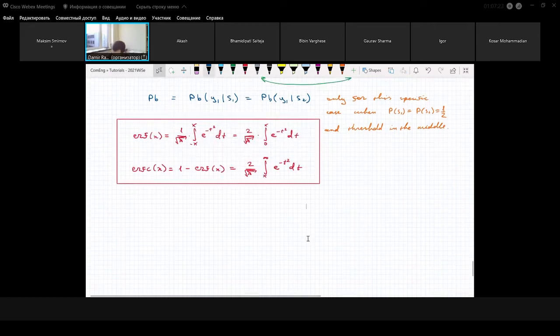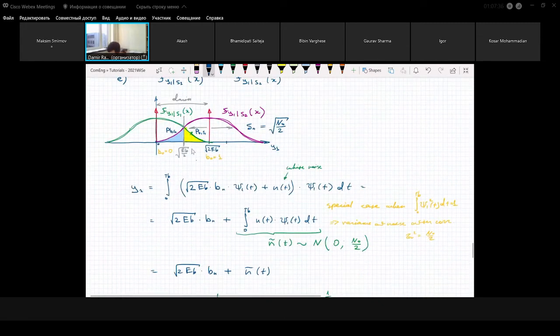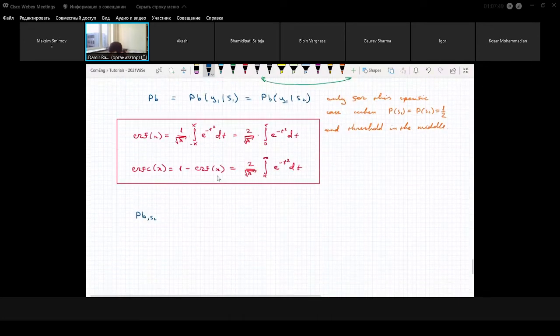Okay, so we need to calculate the probability of bit error when we transmit S1. We're going to specify the probability density function, and then we need to calculate the integral from square root of EB over 2 to plus infinity, so we just formalize the area of this yellow area.